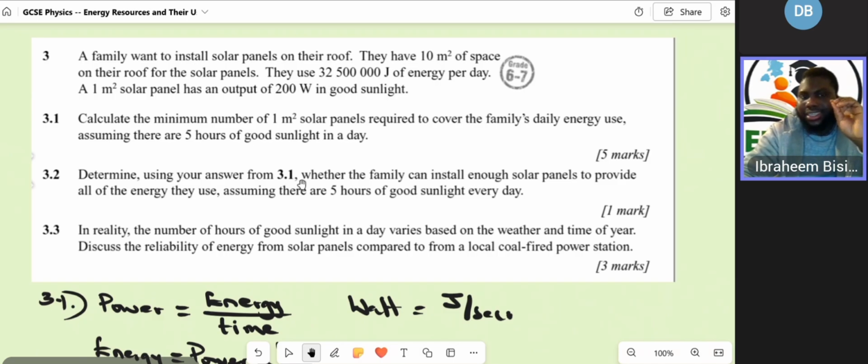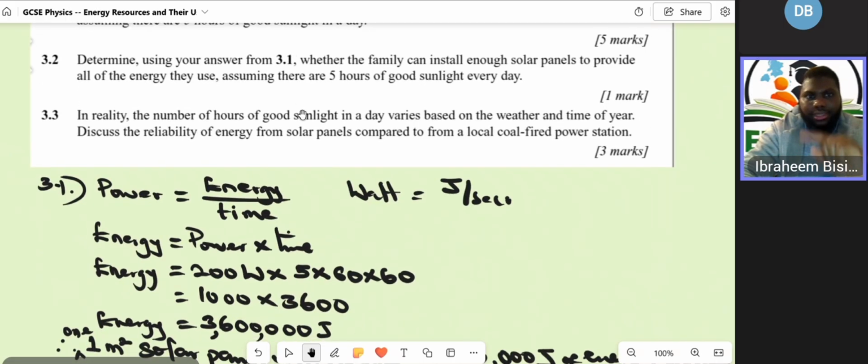So they need 10 of those solar panels. Given that they have 10 meter square of space on their roof, then we can determine that the family can conveniently install the solar panels they need to provide their energy use per day.